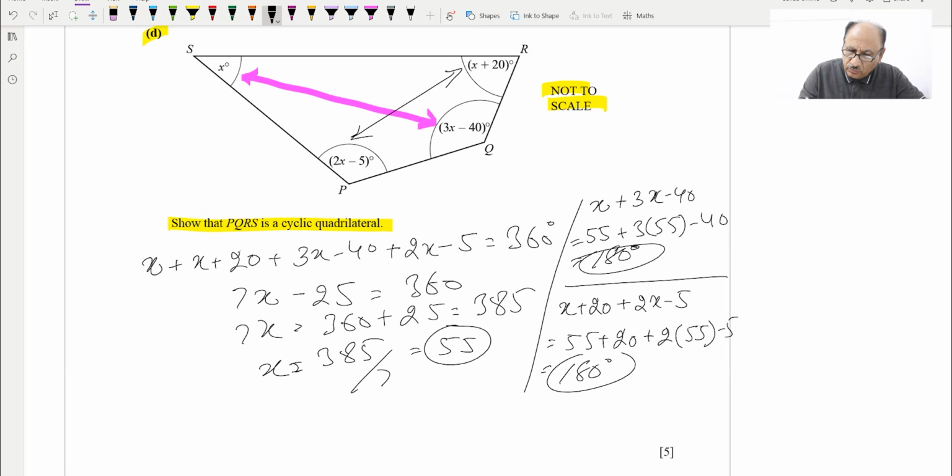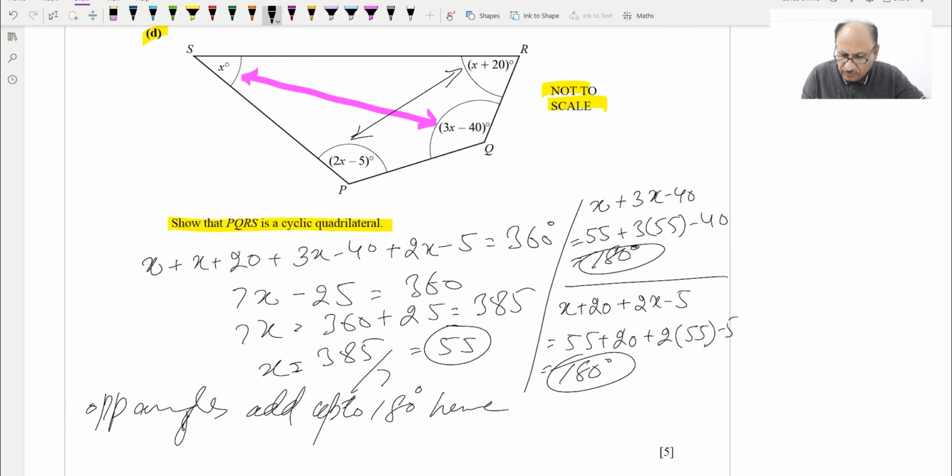So these two things prove that it is a cyclic quadrilateral. We can write: opposite angles add up to 180 degrees, hence it is a cyclic quadrilateral. So this is for 5 marks, which we have done.